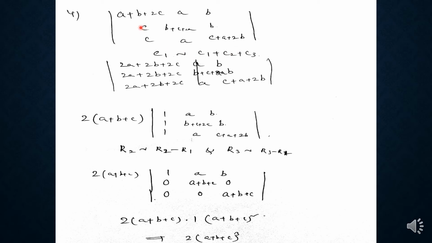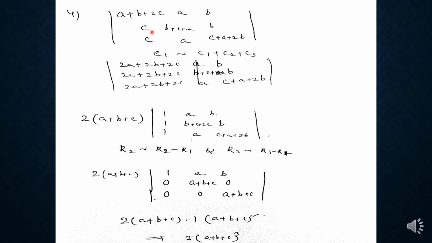So if we observe these elements, first row elements, by adding C1 plus C2 plus C3, C1 element, C2 element, C3 element. Then by adding these three, A plus B plus 2C plus A plus B, that is 2A plus 2B plus 2C.